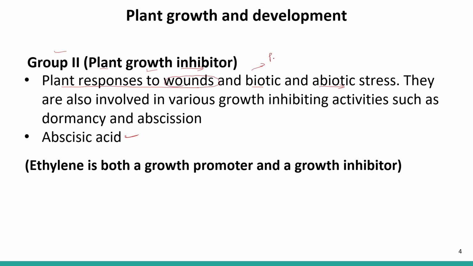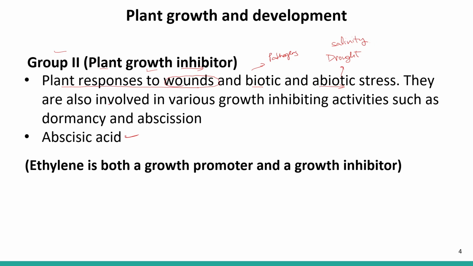Biotic stress is caused by, suppose, microorganisms and pathogens. And what are the abiotic stresses? Caused by environmental stress such as drought, or you can say salinity or high temperature. So these are abiotic stress.